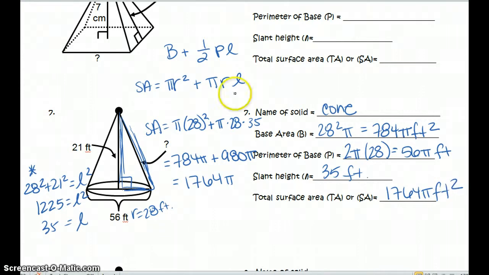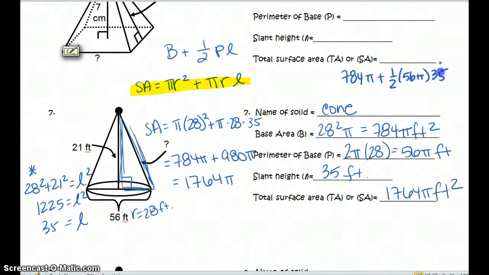Okay. Let's say we forgot this formula right here. We could have gone and used, quote-unquote, the pyramid formula and just plugged it in. So 784 pi plus 1/2 times the perimeter, which is 56 pi, times the slant height, and that would have given us the same answer.